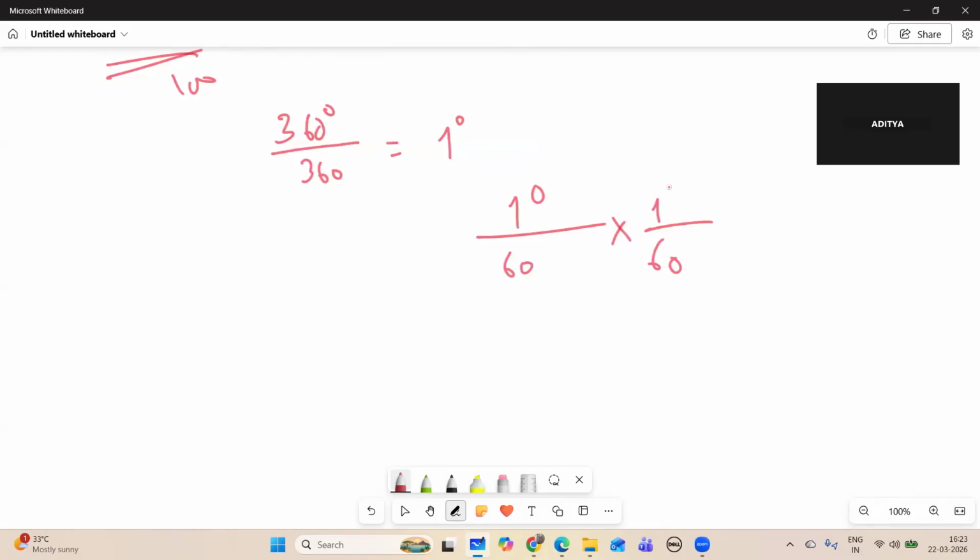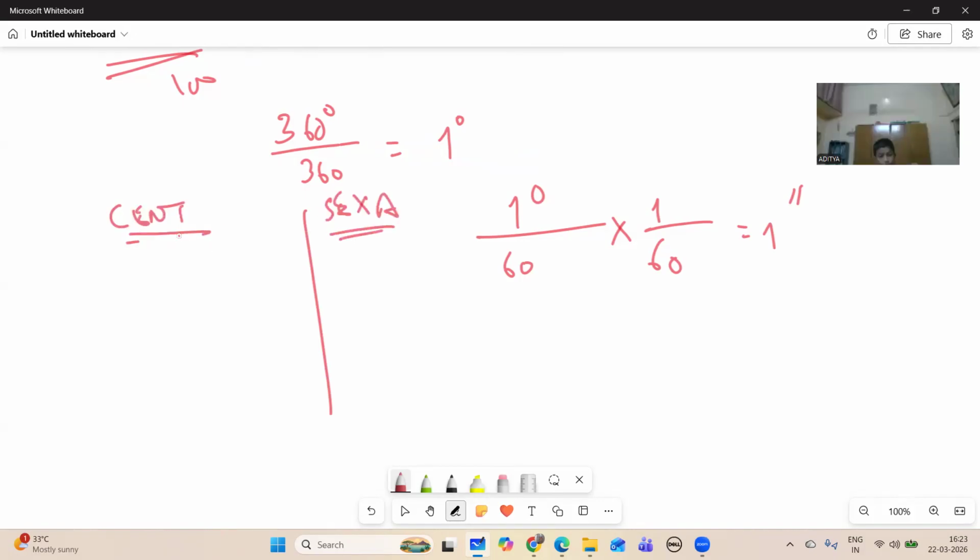Out of 1 degree you take the 60th part to get 1 minute, and out of this minute you take the 60th part to get 1 second. First let me compare minutes in centesimal and sexagesimal, and then I move to seconds. That may look easier.